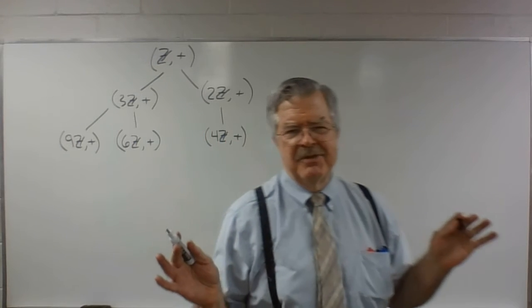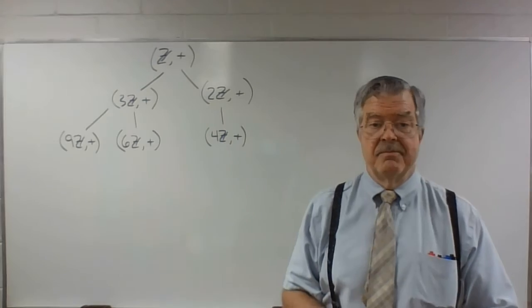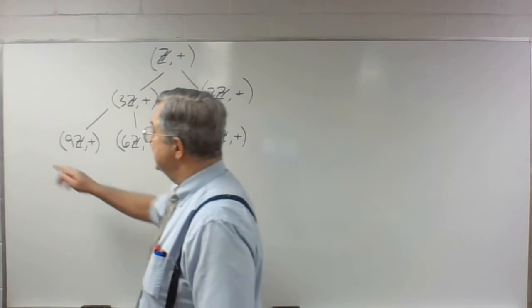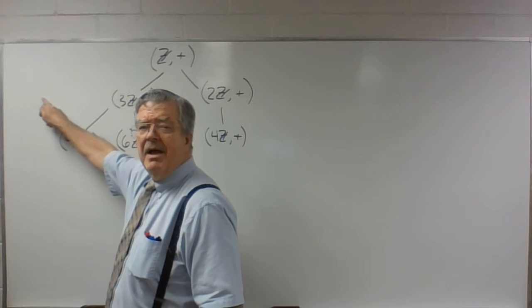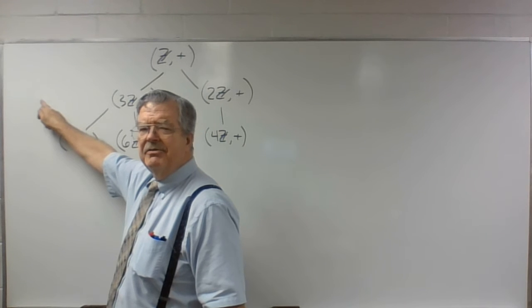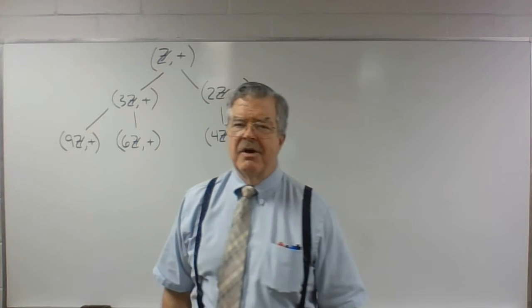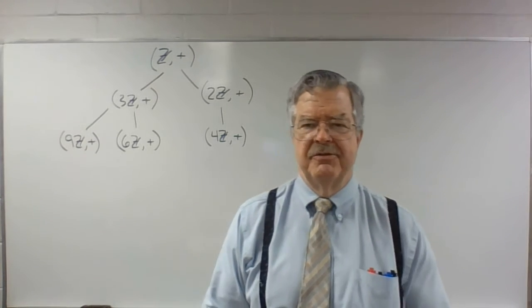The diagram's getting so big now, I'm going to have to start leaving subgroups out. I'm going to leave 5z out. If I put it in, it would be over here. 5z is directly a subgroup of z. So any prime number times z is directly a subgroup of z.